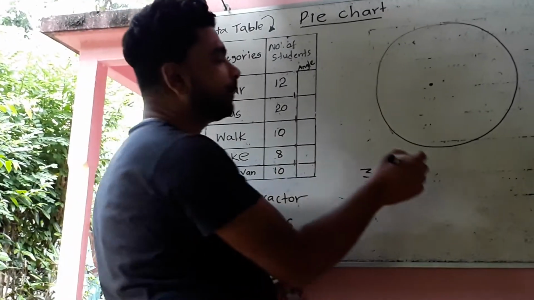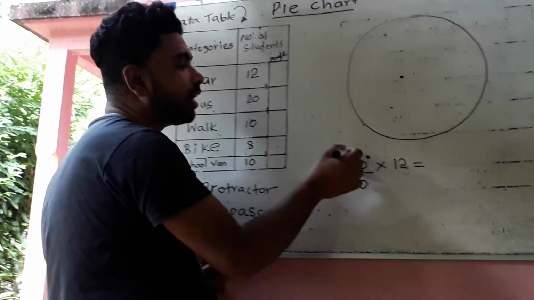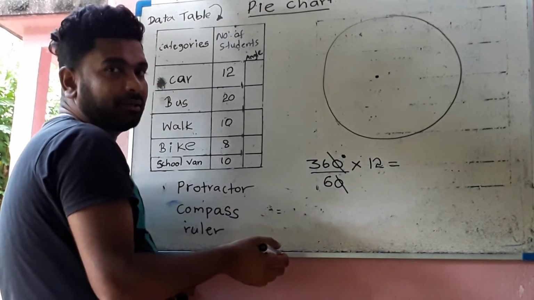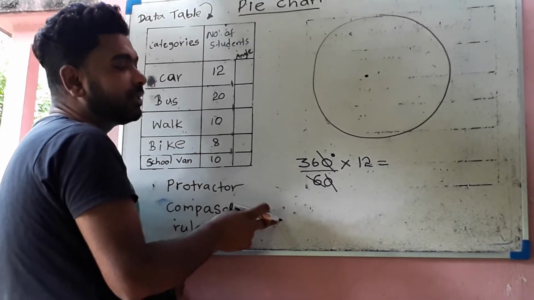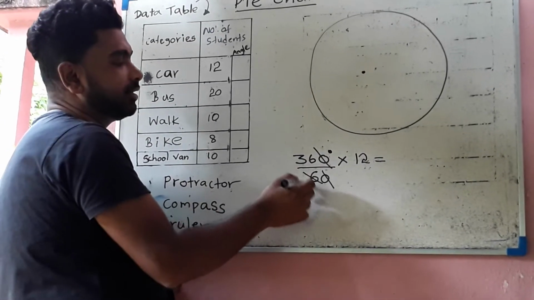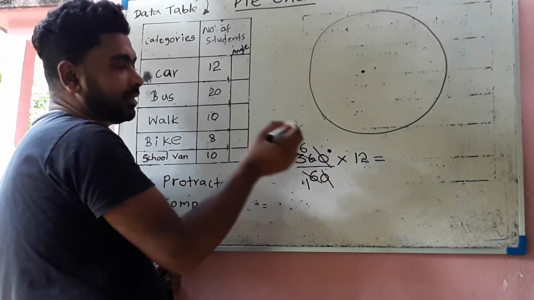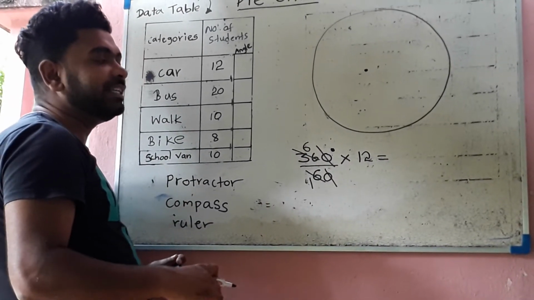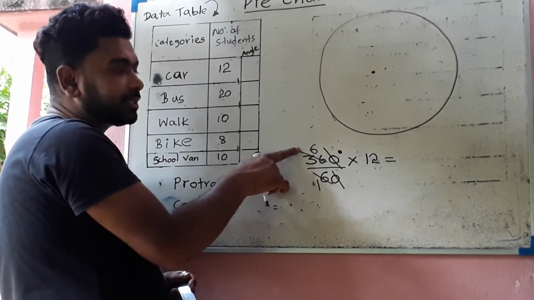Here the first category. The zeros we can cut, common factors. How many 6s are there for 6? 1. How many 6s are there for 36? 6. So if we divide 360 by 60, the answer is 6.